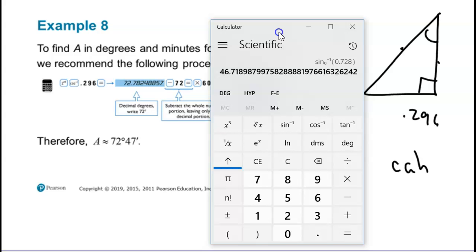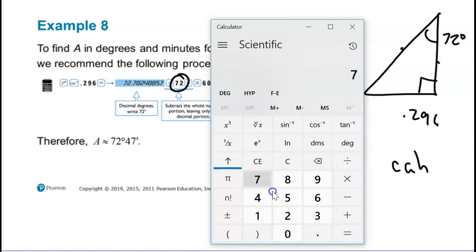We're going to go ahead and input 0.296, then inverse cosine. From that, I'm going to subtract off my whole number, 72, because I know that this is 72 degrees, and to be able to find the minutes, I'll subtract off that 72.